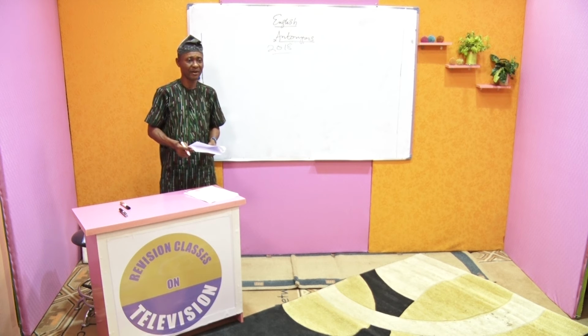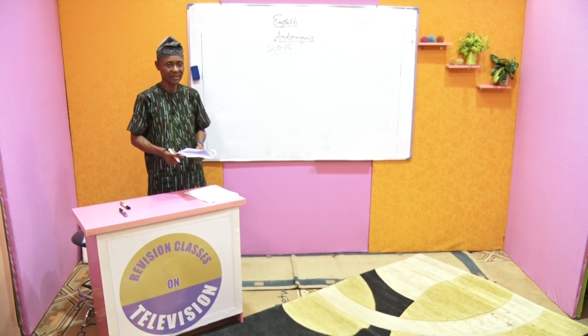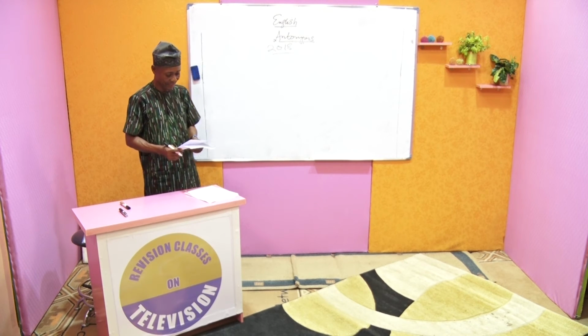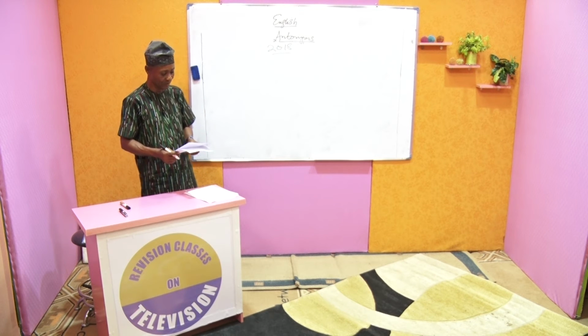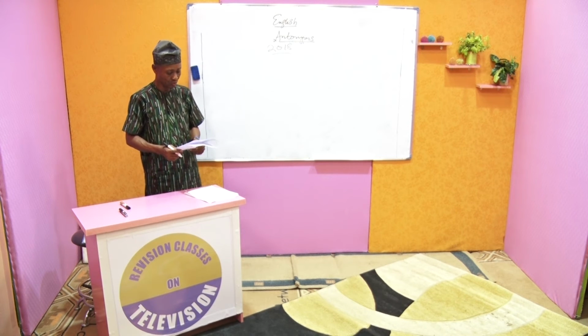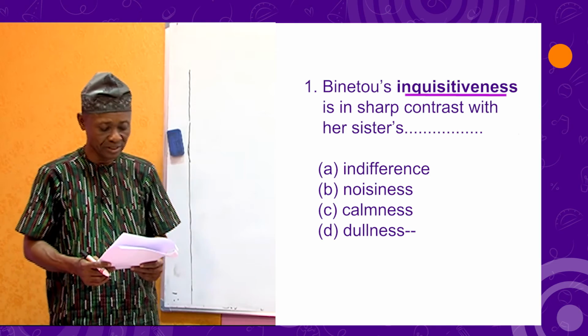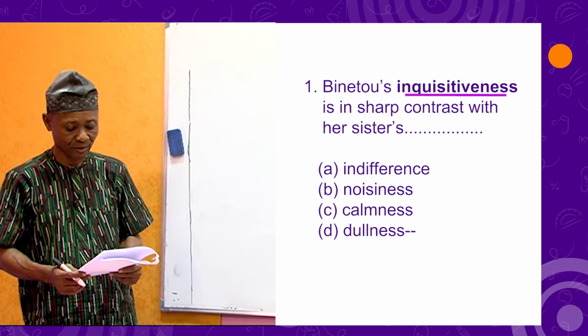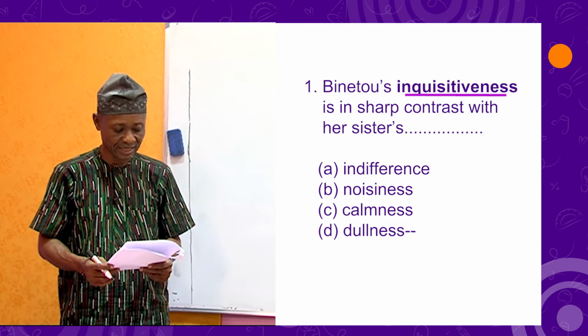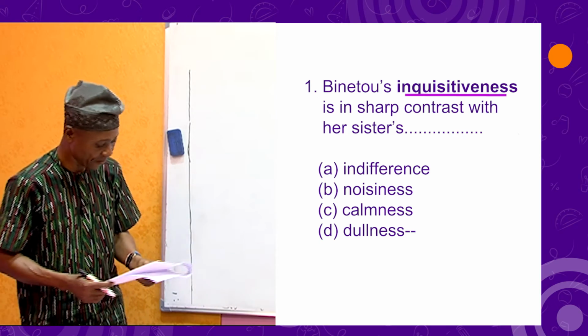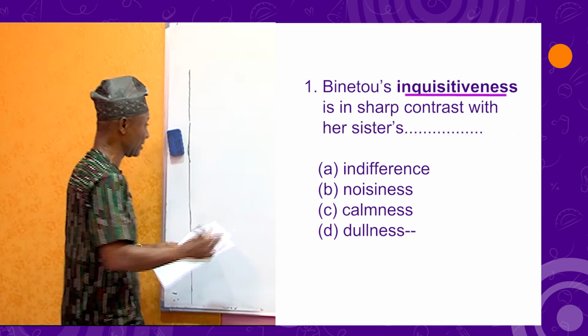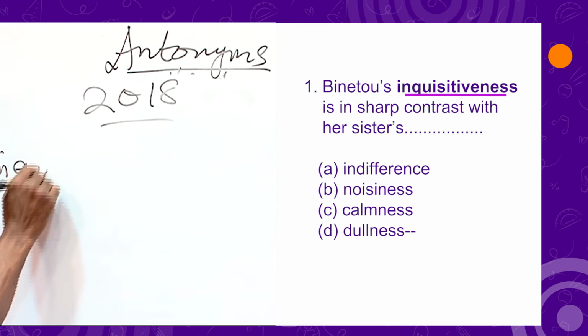The next year in our revision of antonyms is 2018. We begin with question number 1. Binatu's inquisitiveness is a sharp contrast with her sister's dash. You have the word underlined in the sentence as inquisitiveness.